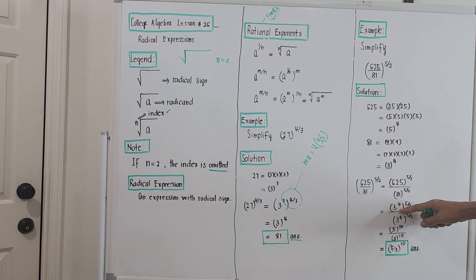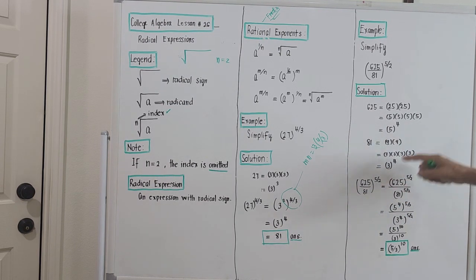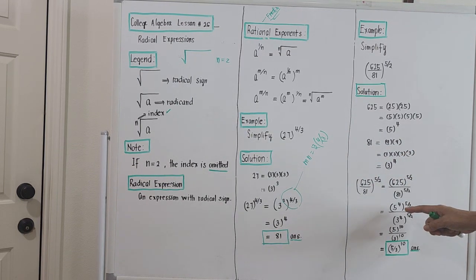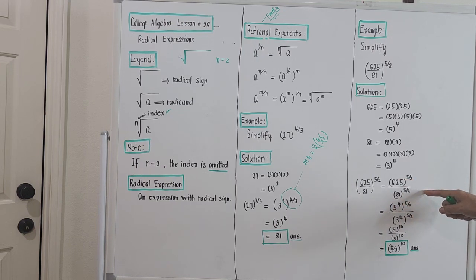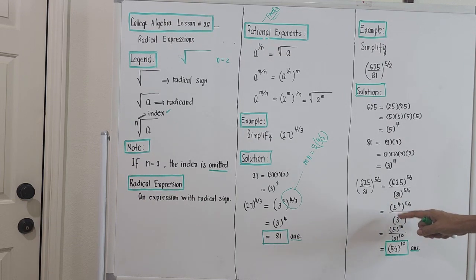So instead of writing 625, I write it as simply 5 to the 4th, raised again to 5 halves, all over 3 to the 4th, raised again to the 5 halves. So actually we use a division, but I think this is the next topic. But anyway, this is a simplification of radicals.